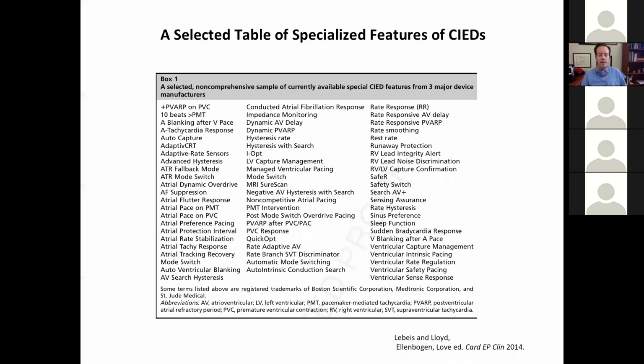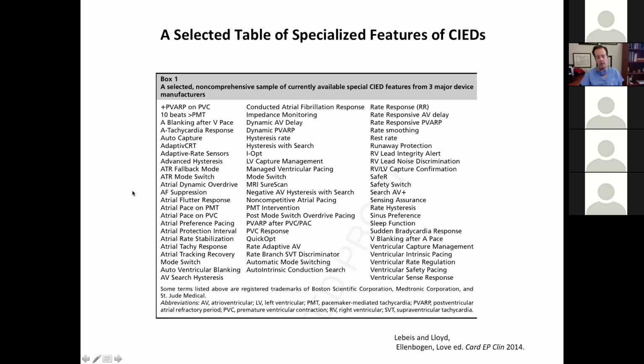This mind-numbingly busy slide is just to show you how hard it is to keep in your brain all the types of automated features that we are responsible for knowing. And this is why you have to rely somewhat on your good representatives in the field, or more importantly, your good pacemaker nurses, because this is their job, to know these.